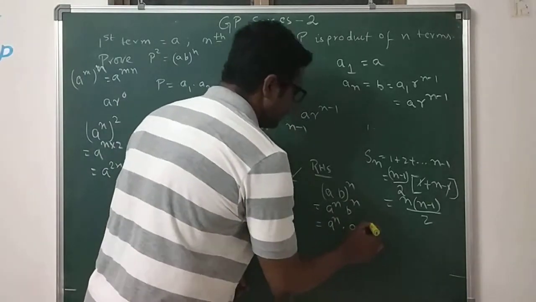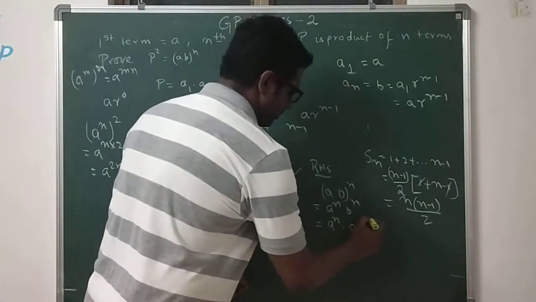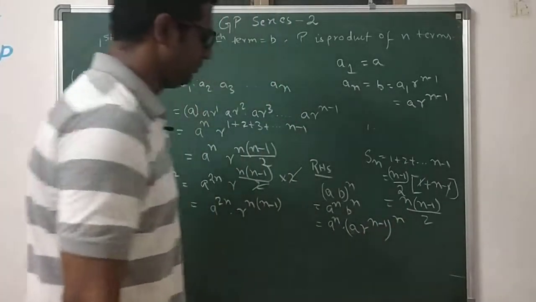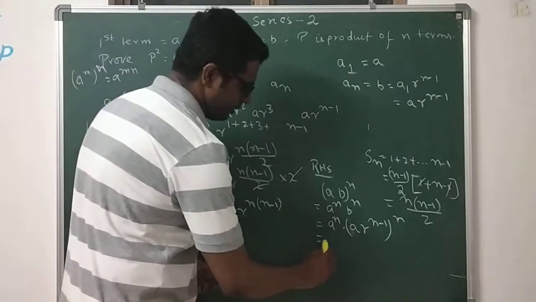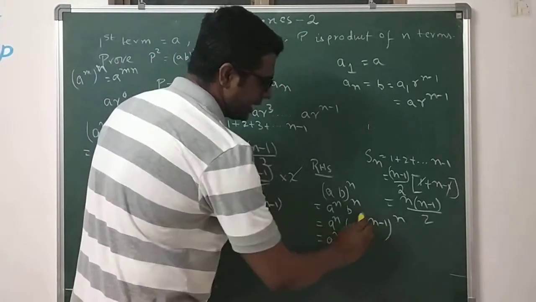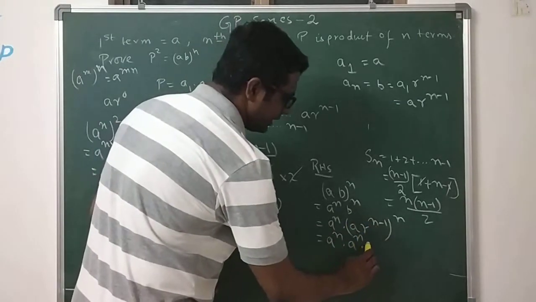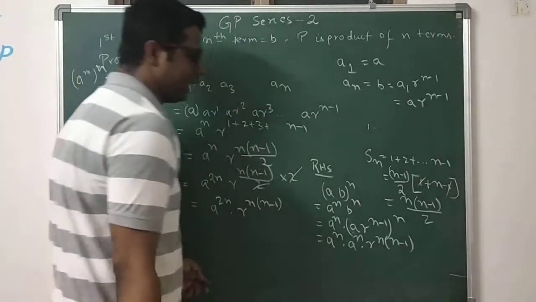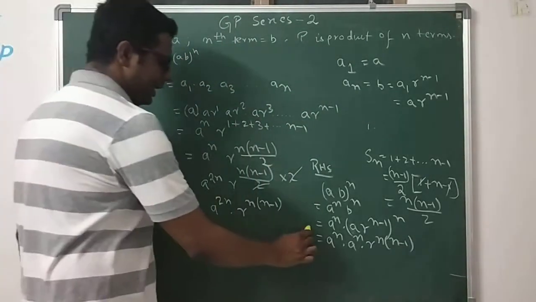r^(n-1) whole to the power n, correct? Now it will be a^n into this will get an n exponent, a^n, and r to the power n into (n-1). Clear?